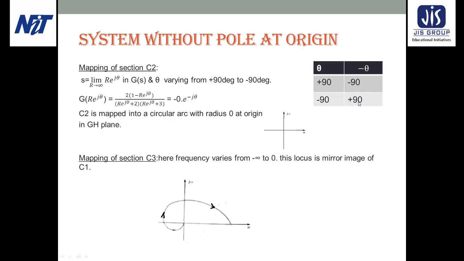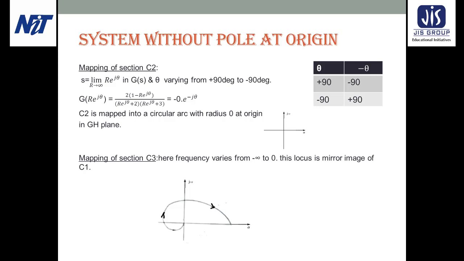So for C2, the magnitude is always 0 and the angle is varying from minus 90 to plus 90. So here the C2 section is mapped into a semicircular arc of radius 0 at the origin in the GH plane. So it is just the origin in the GH plane.